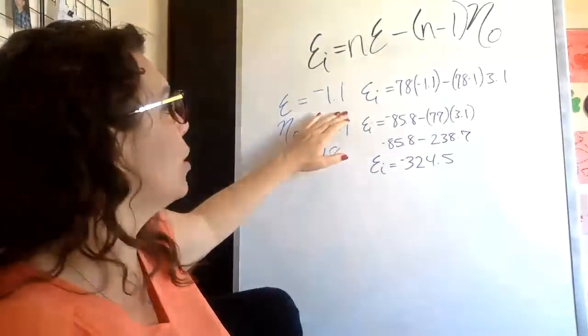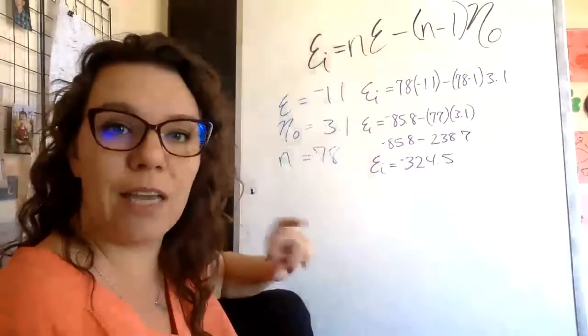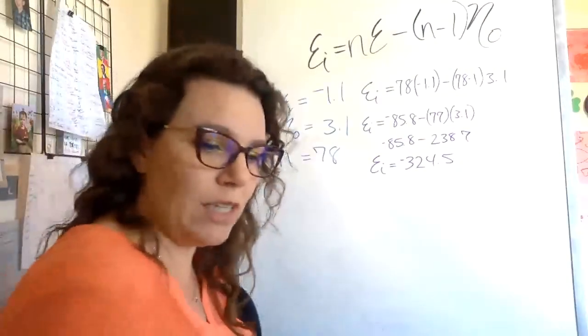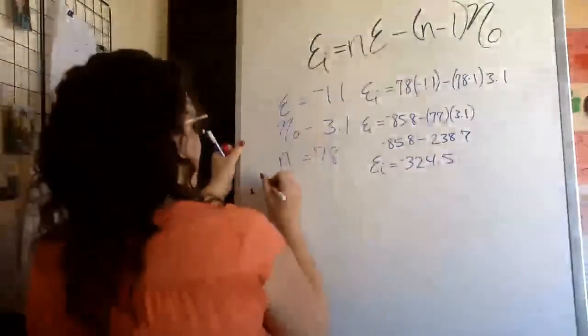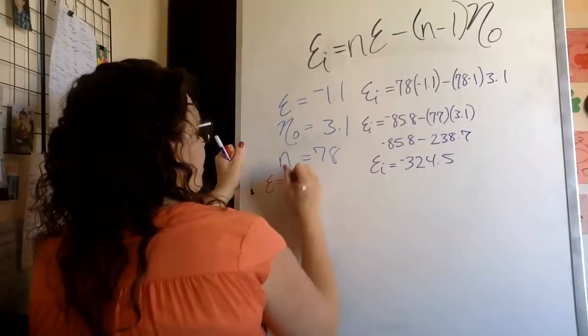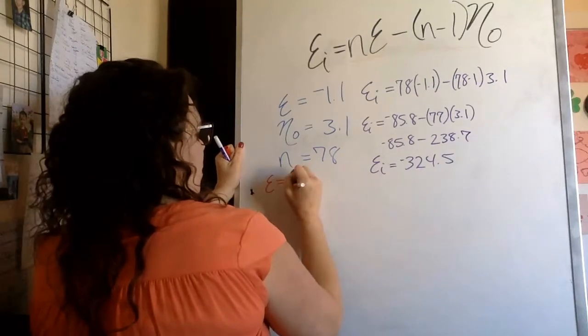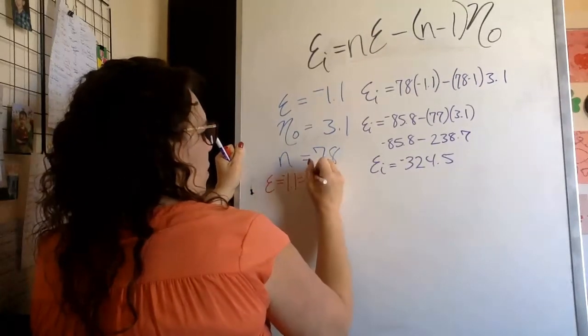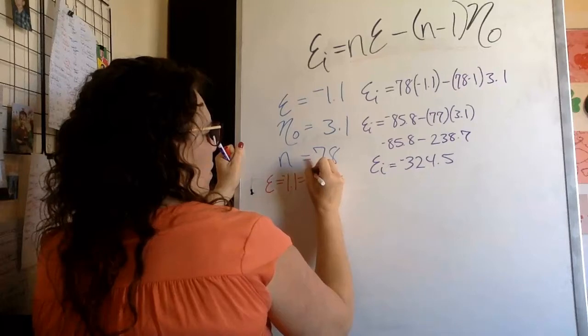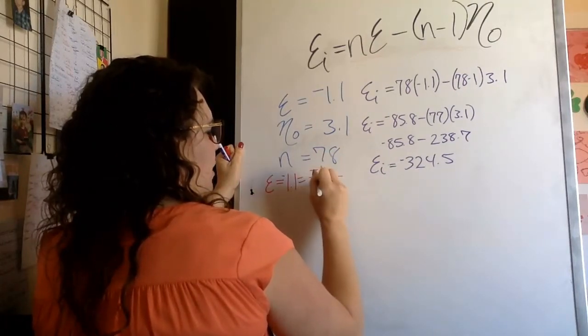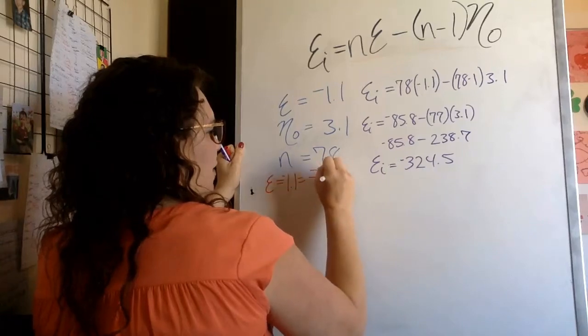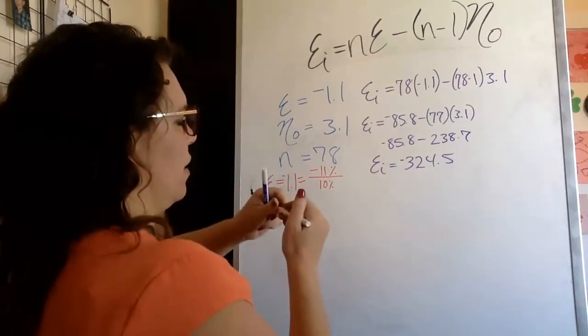If the entire market changed its price by 10%, they would see a change in quantity demanded of 11%, right? If they increase their price by 10%, they'd see an 11% decrease in quantity demanded.